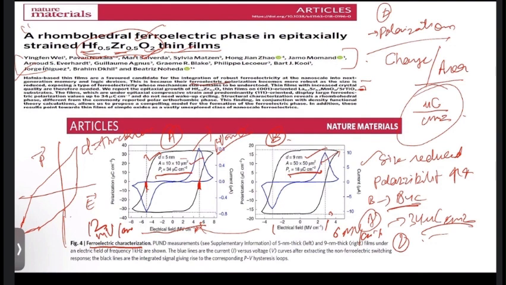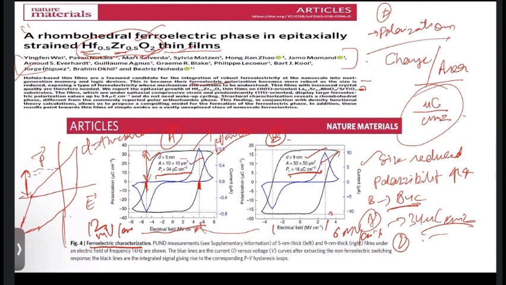Third point, the remnant polarization I was talking about. What was the remnant? At 0, this is the value. Here, see the scale, it is around 30 microcoulomb per centimeter square.